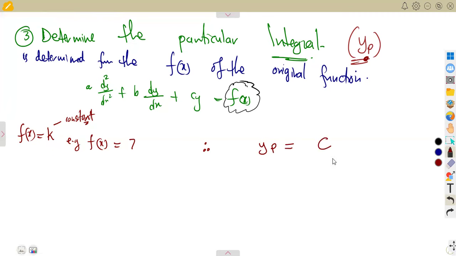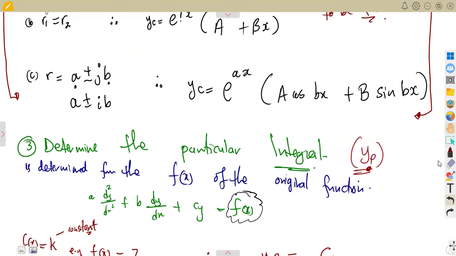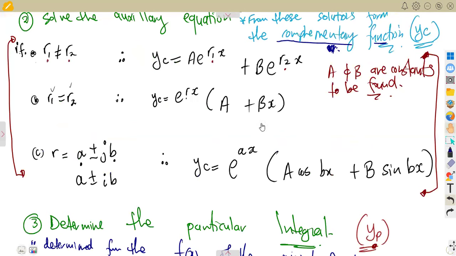Why use c? The c that we are seeing here is taken from here. We used a and b already. We exhausted the letters a and b from the complementary function. We worked with a and b there, so the constants a and b are already used.